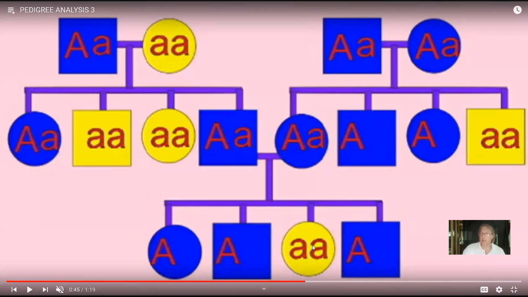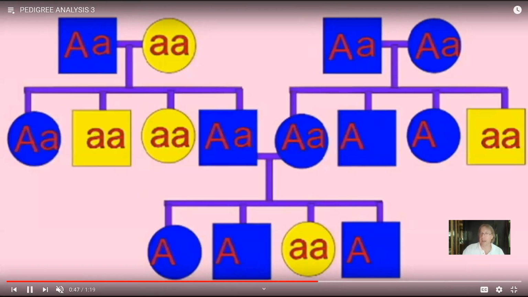Now, looking at the last generation here, once again, here we have a child who is homozygous recessive. The only way this child could be homozygous recessive with 2 parents with the dominant phenotype is if each of these parents gave the child a recessive allele.